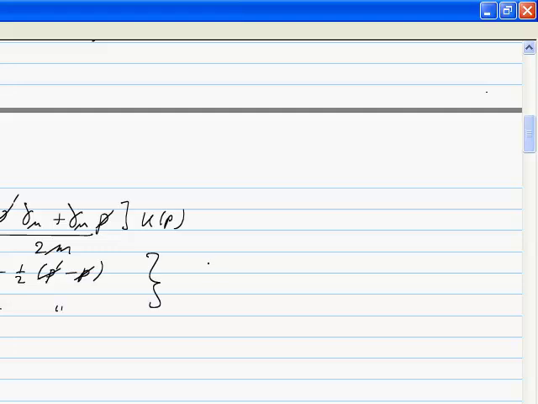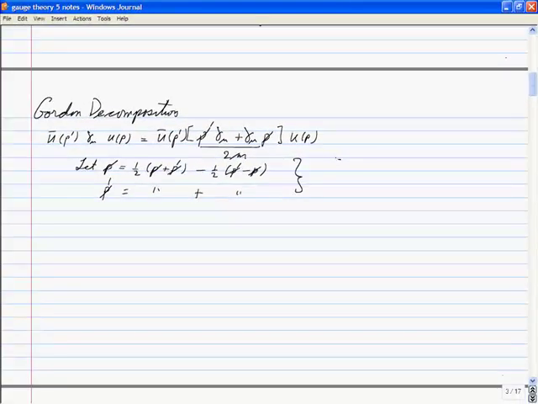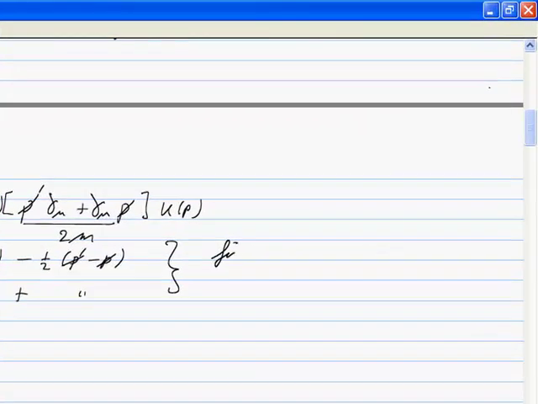The first term turns into, let me just call it capital P, gamma mu plus gamma mu P slash, which is the anti-commutator.